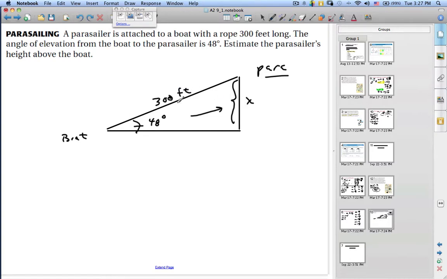So opposite and hypotenuse would be sine. So if I work with sine of 48 degrees would be equal to x over 300. Then I know that 300 times the sine of 48 degrees will be equal to this height.